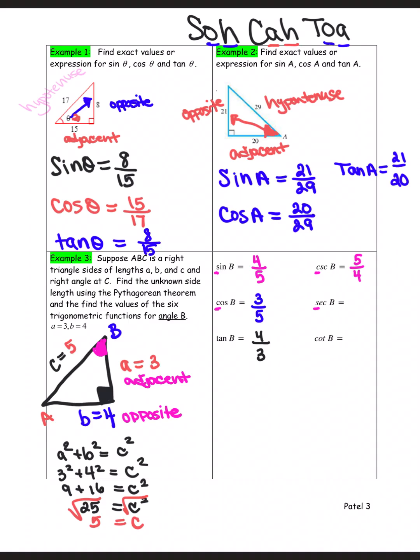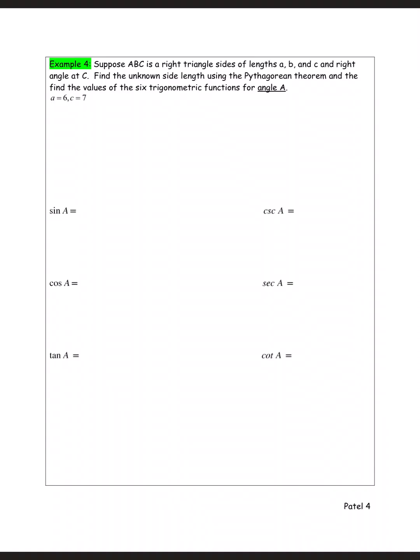Cosine of B is 3/5, so the reciprocal of 3/5 is secant of B equal to 5/3. Tan of B is 4/3, so cotangent of B is 3/4.